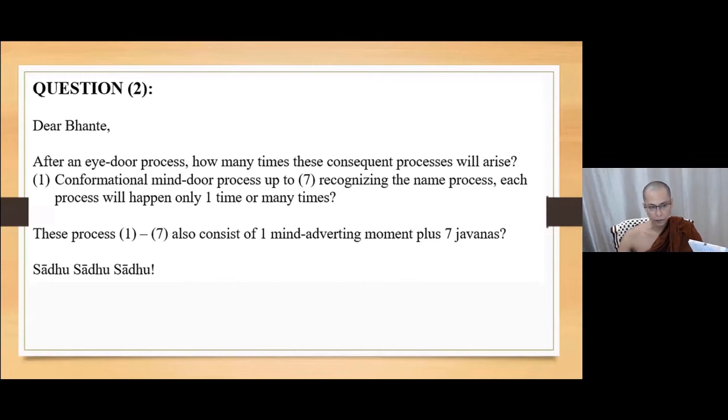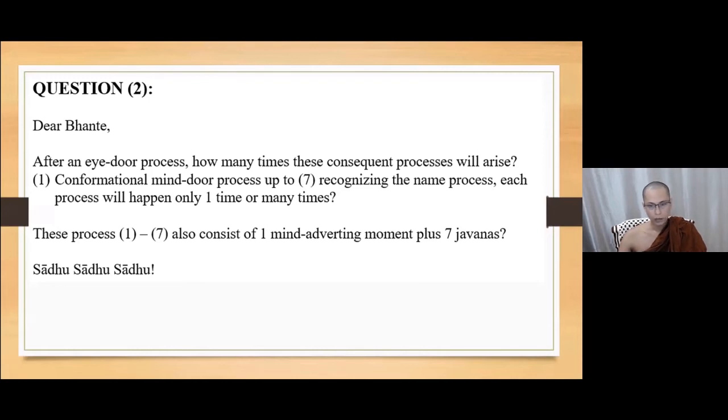If the previous one is an eye door process, the conformational mind door process will take the visible form, same as the eye door. If the former one is an ear door process, the conformational mind door also takes the sound as its object, but it is past, having the similar object.